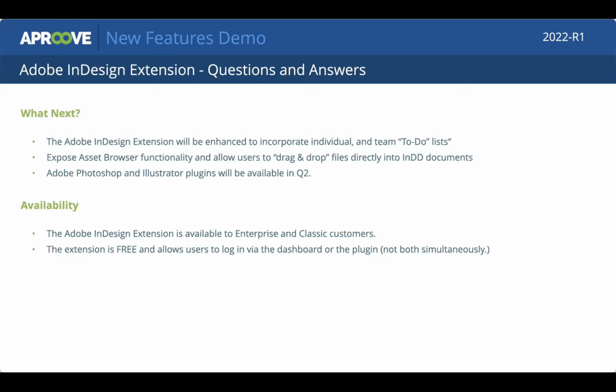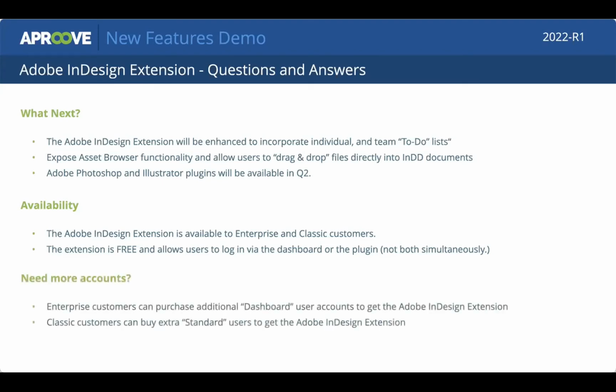It means that you get this great new functionality already included in the cost of what you're already paying for Aproove. One last thing on this, if you do need more accounts, perhaps seeing the InDesign extension means that you can expand your Aproove usage and you want to ingrain it a little bit more into your production teams. If you do need more accounts, what we've done as well is we've made that very, very fair. You don't have to buy the top end user accounts in Aproove.